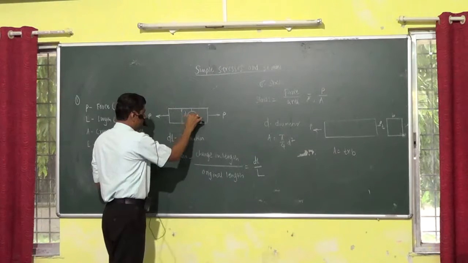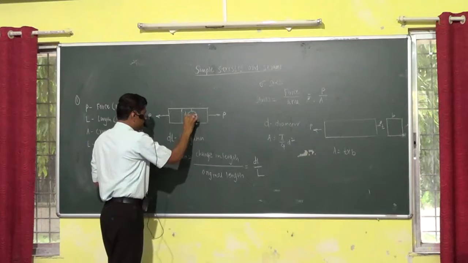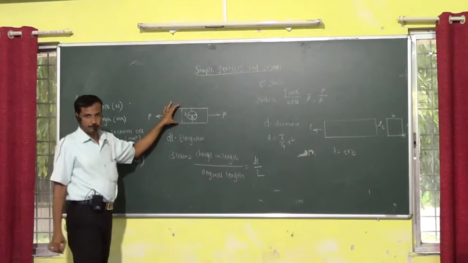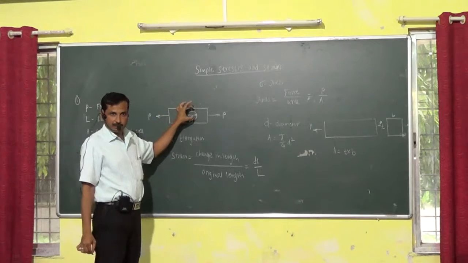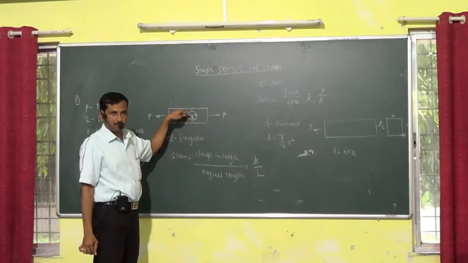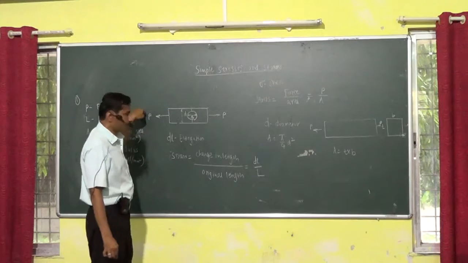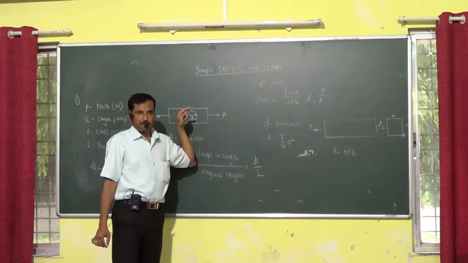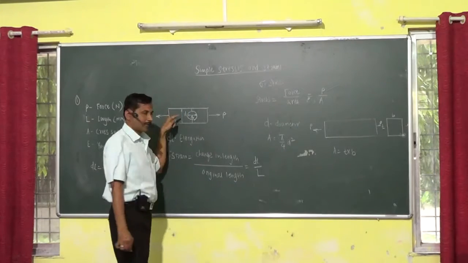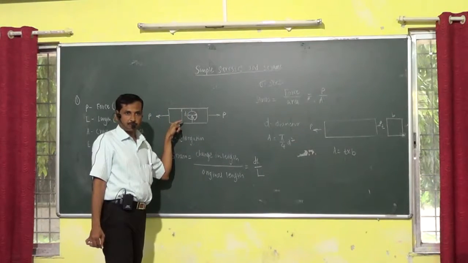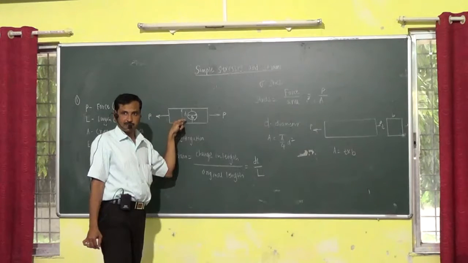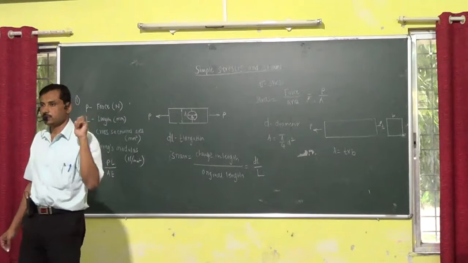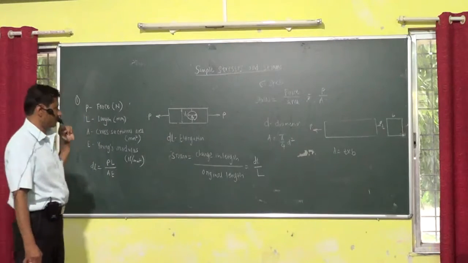If suppose we are considering this diameter as D1, D is the original diameter of this round bar, and D1 is the diameter of this hole and force P is as it is, then once again when we are trying to identify the stresses present inside this round bar, we will have to consider this reduced area into consideration.